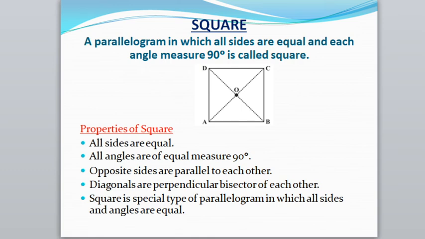Then the next is given square. What is a square? A parallelogram in which all sides are equal and each angle measures 90 degree is called a square.